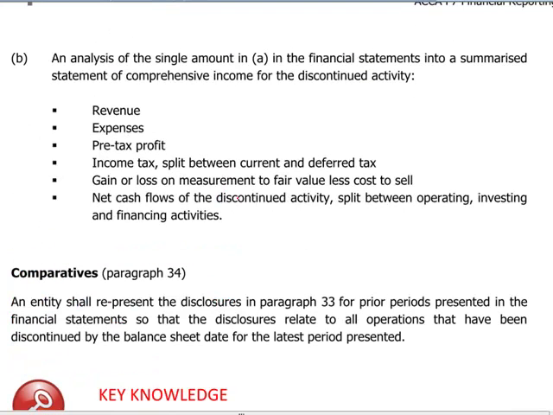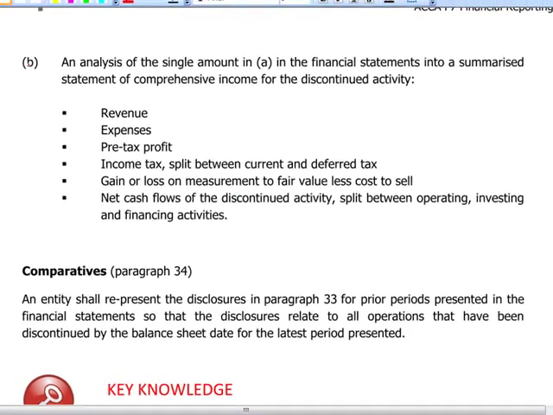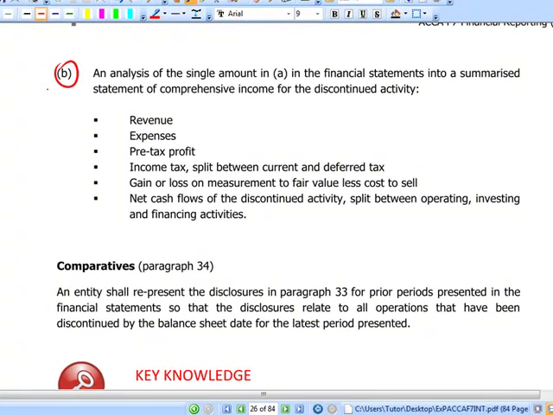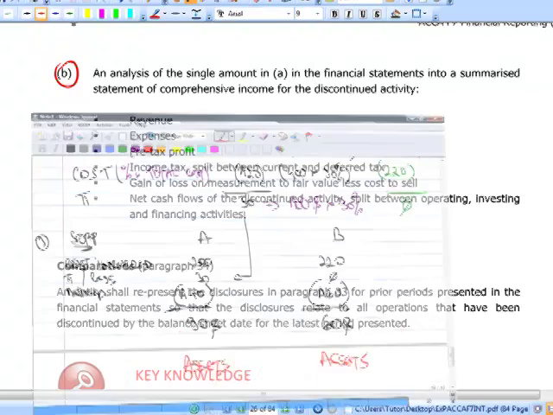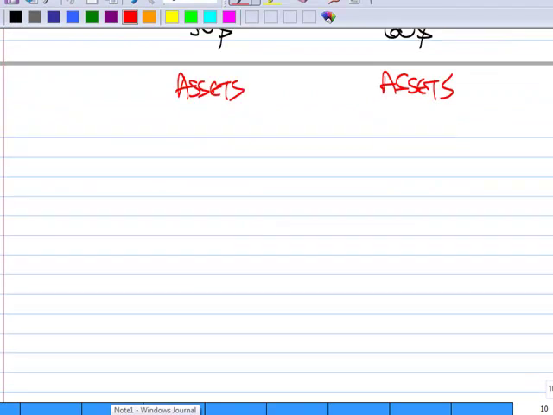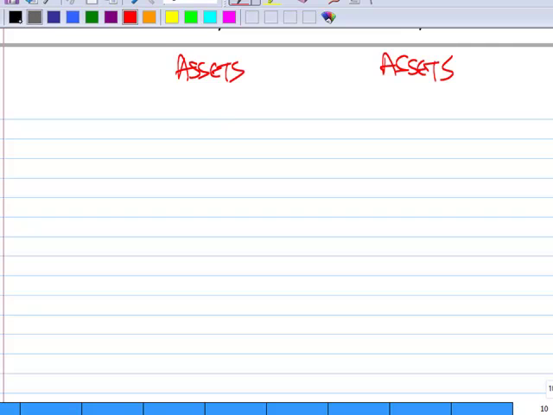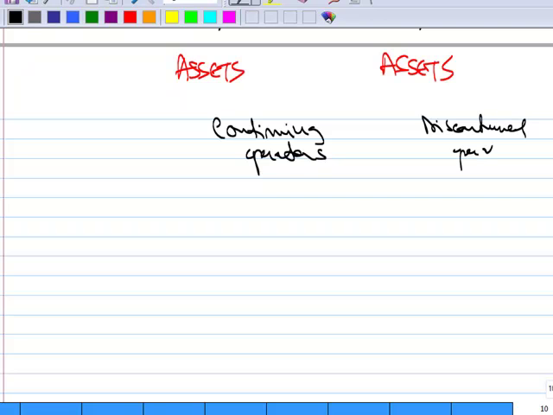This disclosure can be taken on the face of the income statement or in the notes. So basically part B can be reflected directly in the statement of comprehensive income by, for instance, splitting the income statement into a column which is called continuing operations and a column which is called, obviously, discontinued operations.